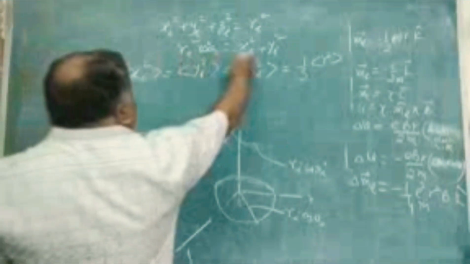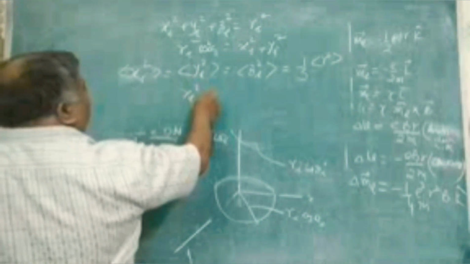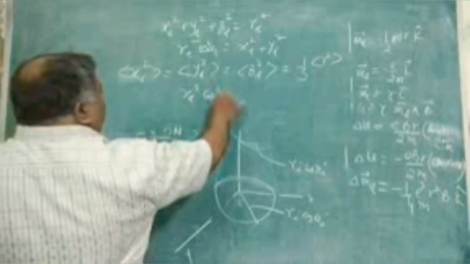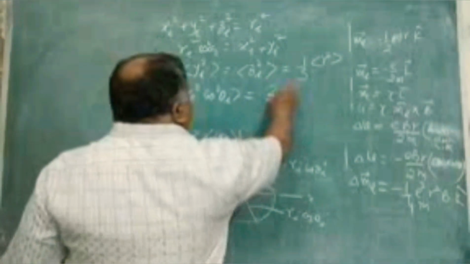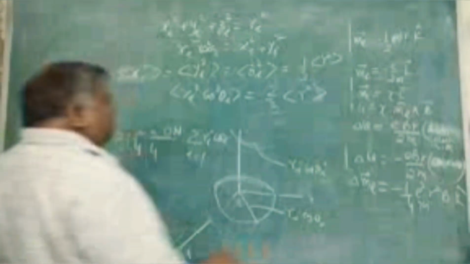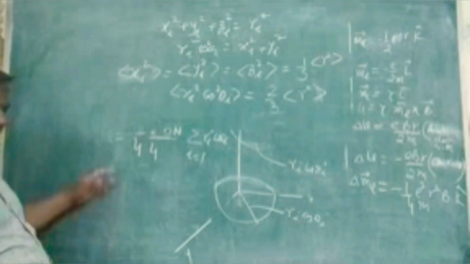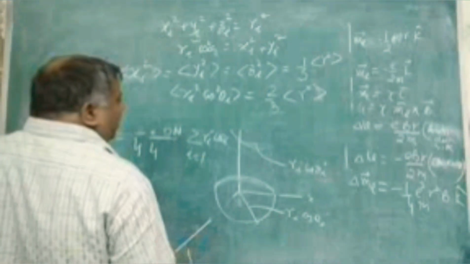So for this, we have Ri square cos square theta i is equal to 2 by 3 R square, where R square is the average value of Ri square. So let us put this relation for the average value.